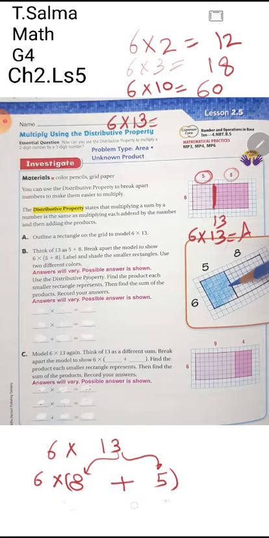You know, if I add 8 and 5, the answer will be 13. So if I want to find the multiplication of 6 by 13, I will find the multiplication of 6 with 8 plus 5. How will I find that?